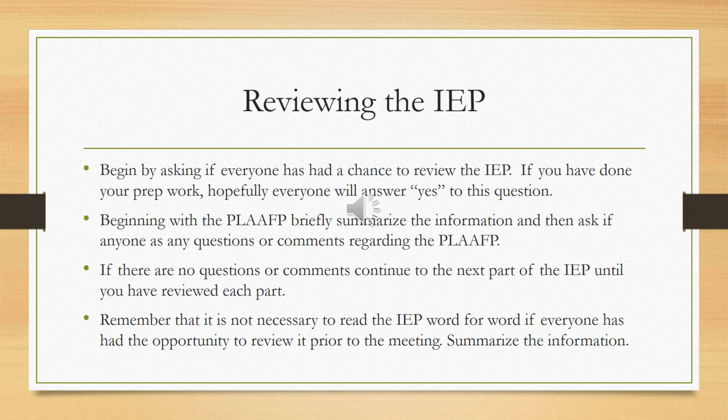If everyone answers yes, as you would expect, then you can simply go over some of the highlights of that information or a brief summary of the plan, ask if anyone has any additional questions or comments, and go on to the next section. You would do the same process for the goals, accommodations, etc. Simply highlight some of the more important information, ask if there's any questions, and move on.